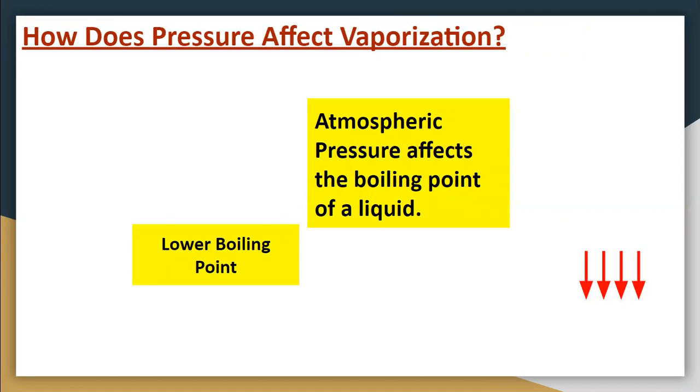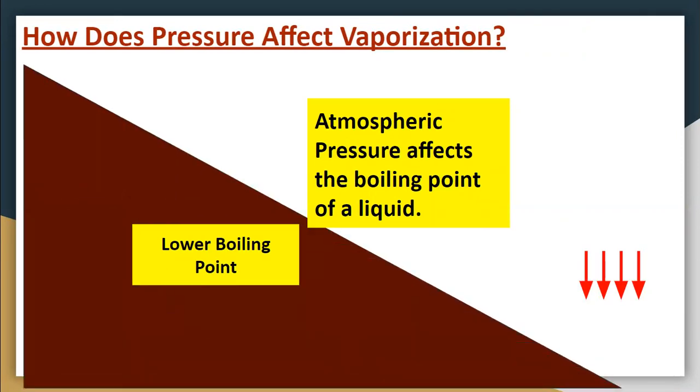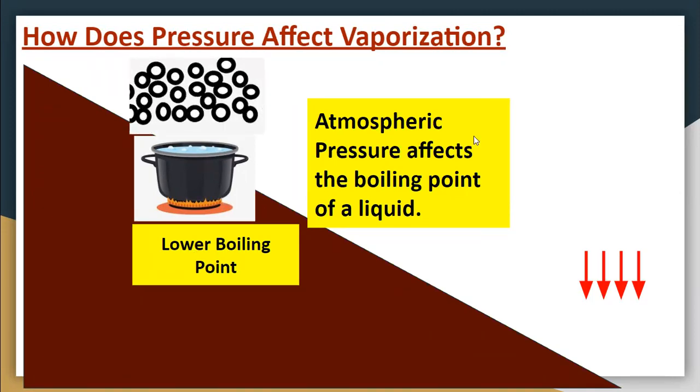Atmospheric pressure affects the boiling point of a liquid. So let's take a look here. So this liquid here, this is a mountain, supposed to be a mountain, going up the mountain. This is a lower boiling point. And this is the air pressure pushing down on the pot here.